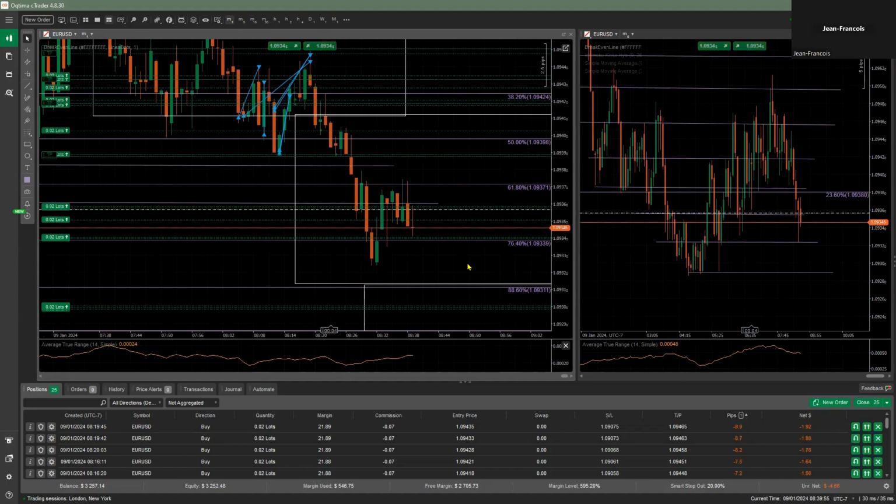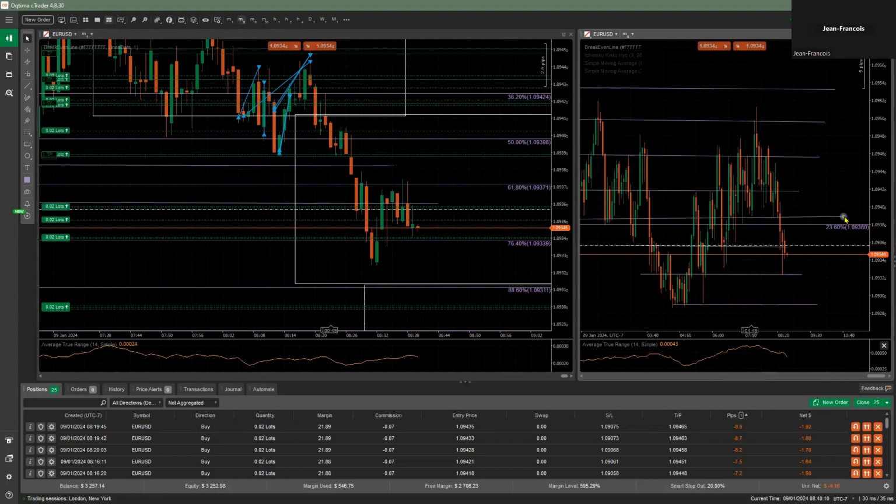Let's see. We're still at the inside swing. That previous low here, we're testing the inside of that swing area, and we're hoping it will hold, and we're hoping the ladder will be tested to the upside.